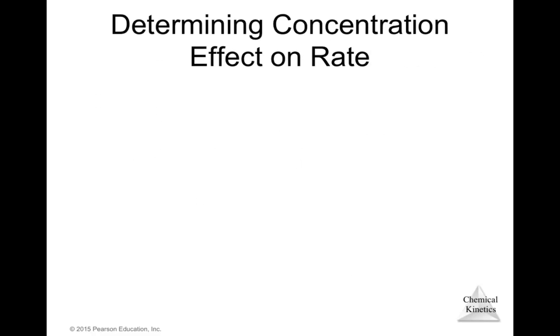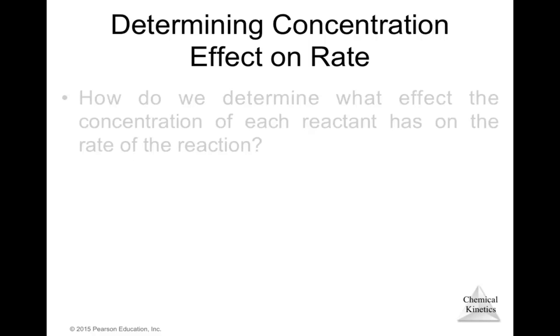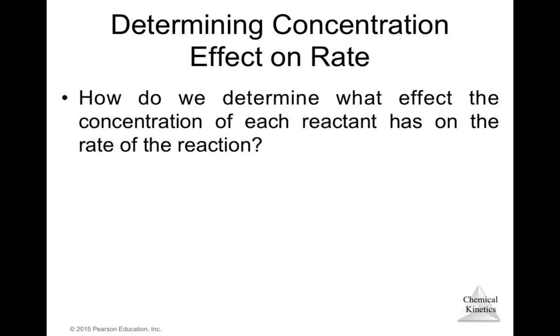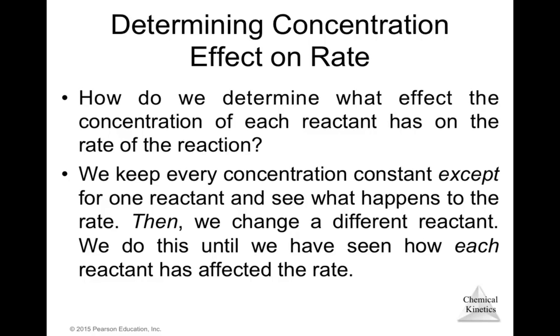So how can we determine the effect of the concentration on the rate of a reaction? Well, we keep constant the concentration of every reactant except for one, and we see what happens to the rate. Then we change a different reactant.